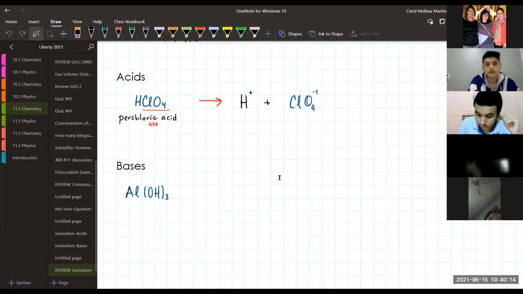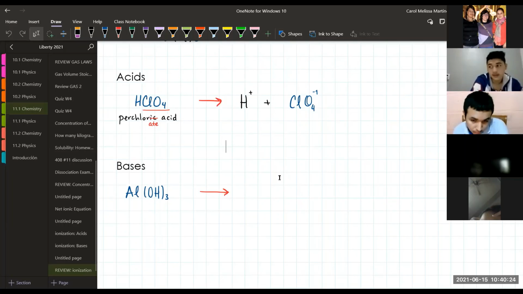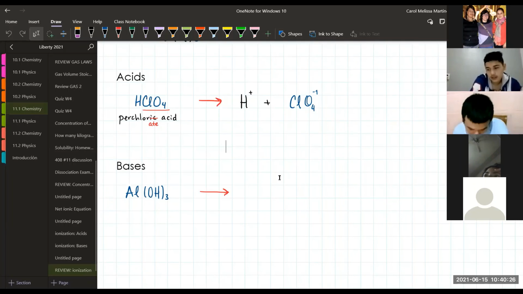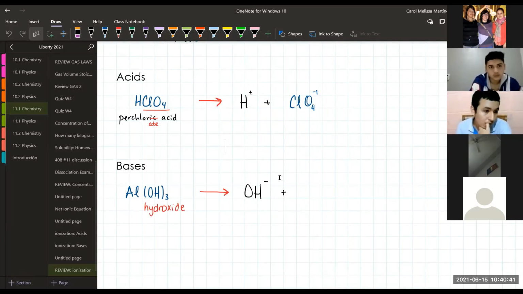So the dissociation process of a base is going to be the hydroxide ion, okay? The hydroxide ion, which is OH minus, and you will combine it with the cation. Or you can put the cation first and the anion after.